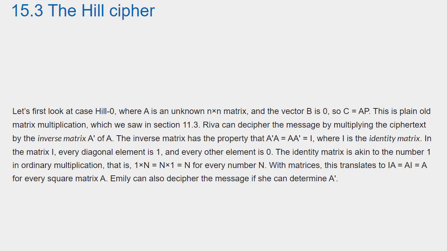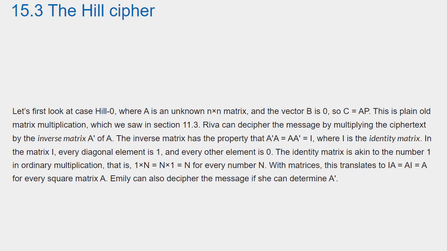Let's first look at case Hill 0, where A is an unknown n by n matrix, and the vector B is 0, so C = AP. This is plain old matrix multiplication, which we saw in section 11.3. Reaver can decipher the message by multiplying the ciphertext by the inverse matrix A' of A. The inverse matrix has the property that A'A = AA' = I, where I is the identity matrix.